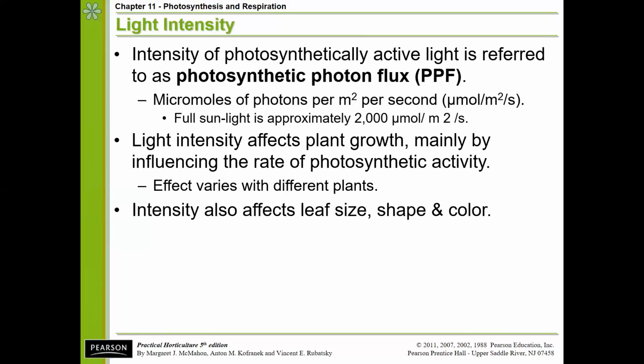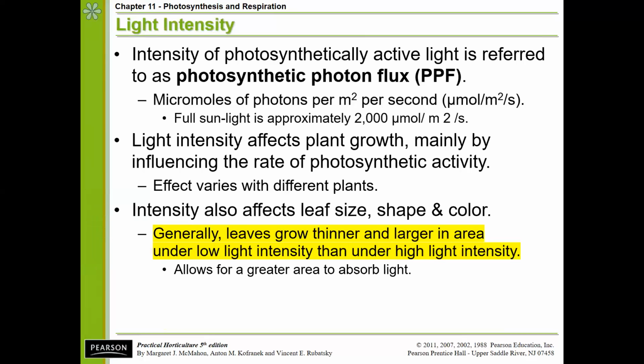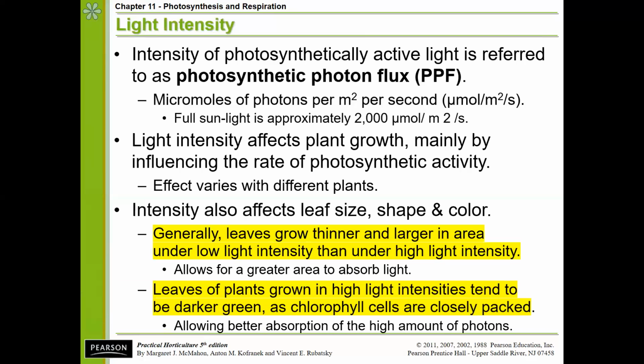The intensity can affect leaf size, shape, and color, as well as the rate of photosynthetic activity. The way that works is generally leaves tend to grow thinner and yet larger in areas under low light intensity than under high light intensity, which allows for a greater area to absorb light because they need to absorb more light.